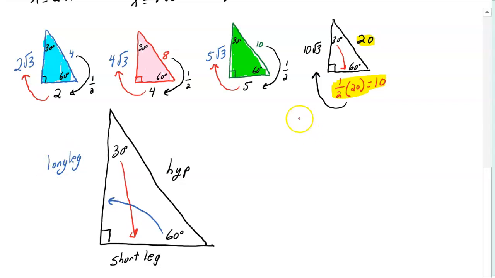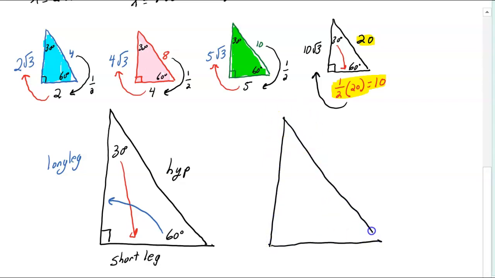And we learned, I'm going to do an example here. If the hypotenuse is 100, to get the short leg, which is across from the 30, you take half of the hypotenuse. So half of 100 is equal to 50.